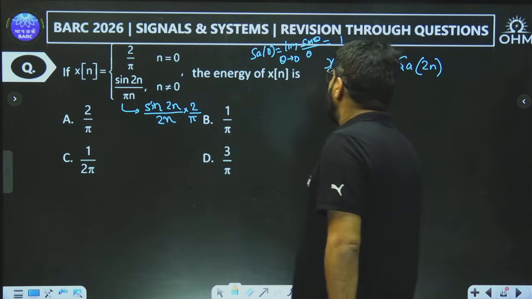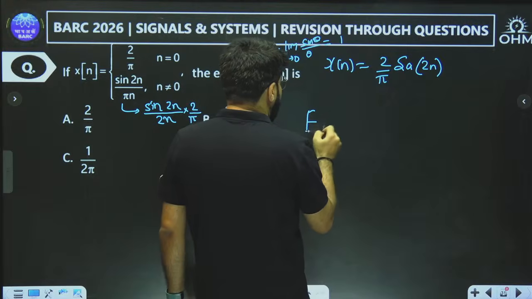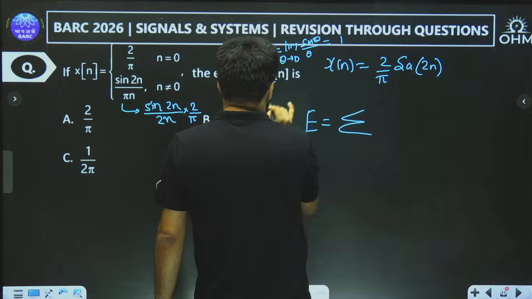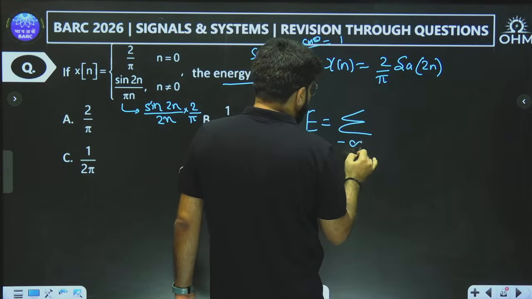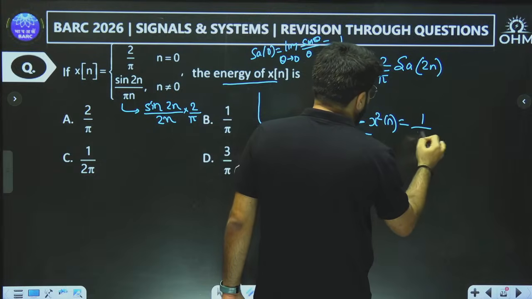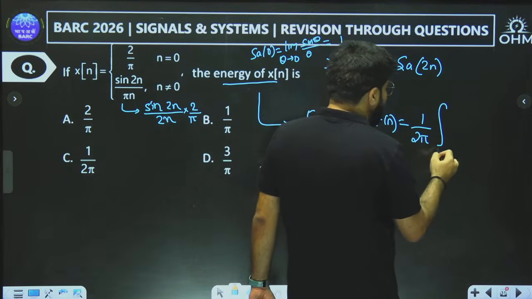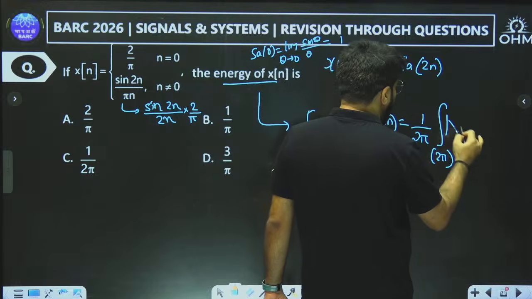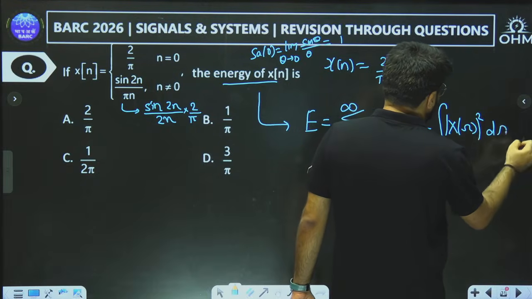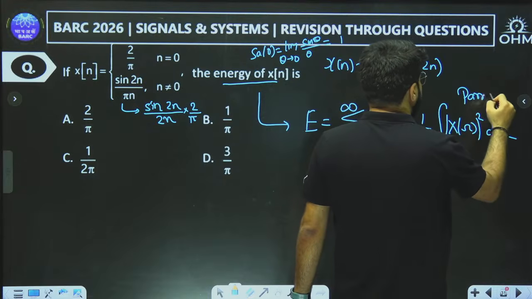But energy of such a signal in time domain is given by what formula? Summation from minus infinity to infinity of x square n, which is also equal to 1 upon 2 pi, integral over 1 period, modulus X(omega) whole square d omega. Once again, Parseval's.